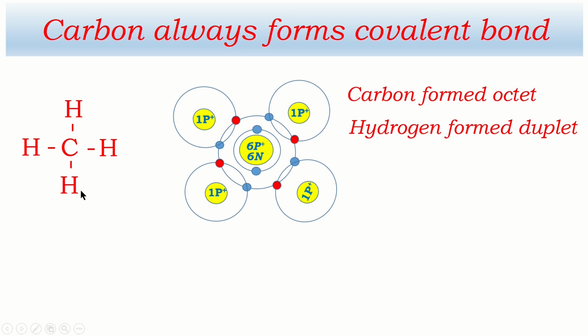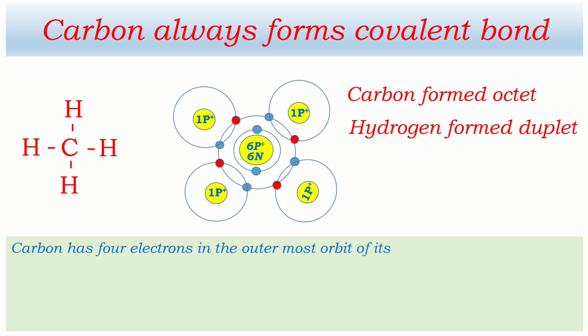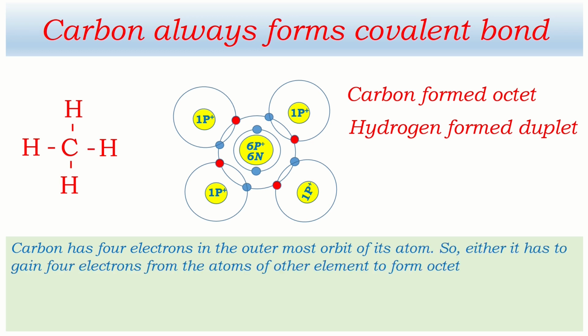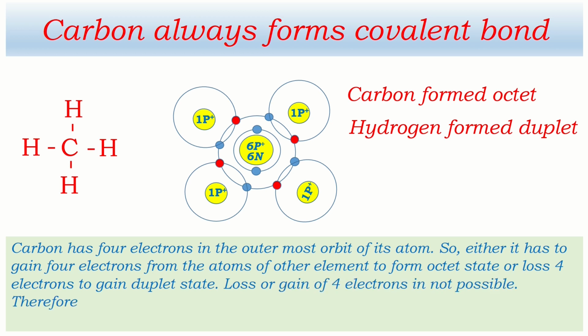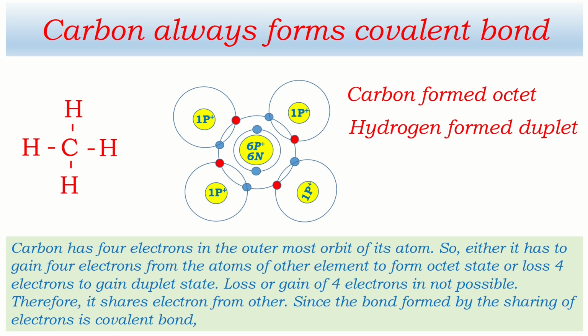Okay, so if you are asked to write about why carbon forms covalent bonds, you can say this way: carbon has 4 electrons in the outermost orbit of its atom. So either it has to gain 4 electrons from atoms of another element to form an octet state, or lose 4 electrons to gain a duplet state. Loss or gain of 4 electrons is not possible. I explained about this.